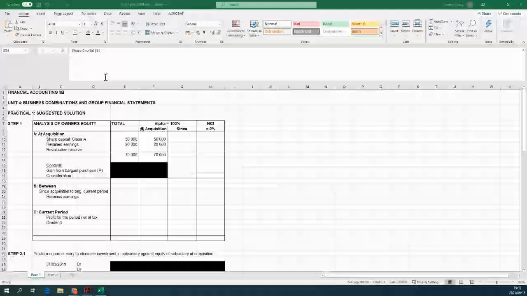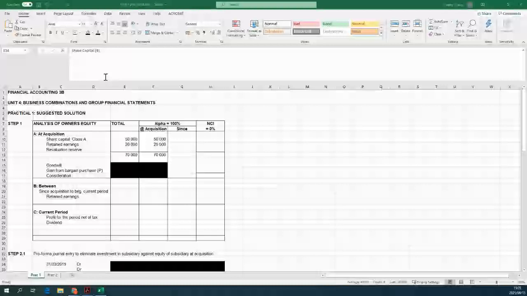Because Alpha acquired 100% of Beta, they acquired the equity, the share capital, and the retained earnings. So now we need to ask ourselves, what has Alpha paid to acquire Beta? So who can tell me by looking at the question, what was the consideration paid from Alpha for Beta in order for Alpha to acquire Beta?